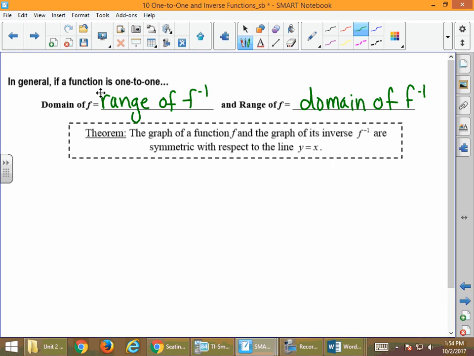Again, if the x's and the y's switch places, then the domains and the ranges are going to switch places too. Now, I've got the box here on the same page as our domain of f equals the range of the inverse and vice versa. There's also a theorem that we're going to utilize here on our next example, which says that the graph of a function and the graph of its inverse are symmetric with respect to the line y equals x. So let's take a look at that problem here.